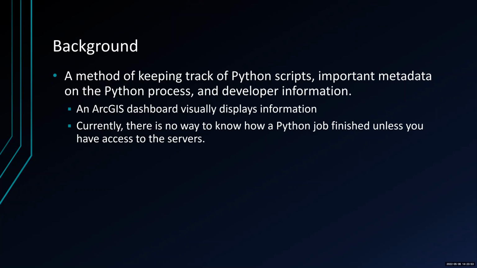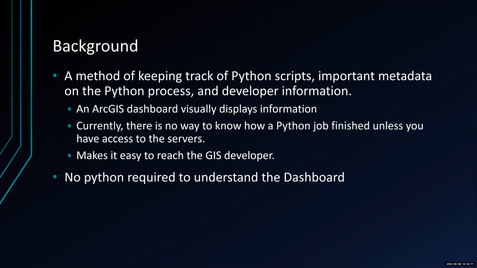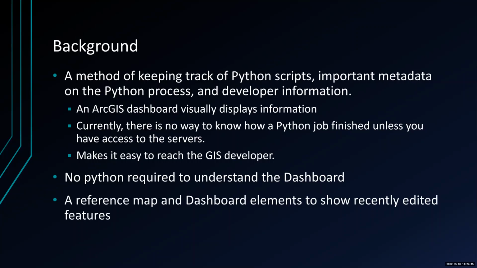Currently there's no way to know how a Python job finished unless you are the owner of that Python job or have access to those servers or get emailed on the completion status of that job. It's going to make it easier for people to reach the GIS developer, and there's no Python required to understand the dashboard. A reference map was also created with dashboard elements to show recently edited features.